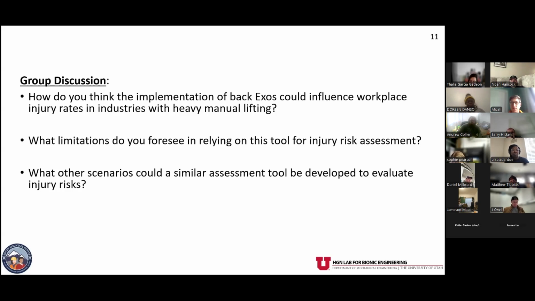Their main argument for using this assessment tool is that EMGs are expensive, they're hard to work with, the data can be messy, you can have motion artifact, and it takes a lot longer to process. So they want to create this visual tool. Like OpenCap?